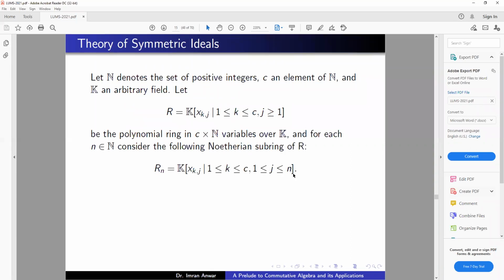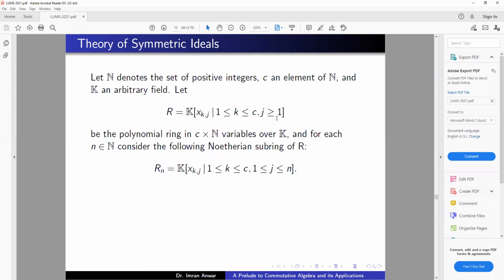And for each n coming from N, consider the following Noetherian subring of R, where you are restricting j from 1 to n. How many variables are there? This is quite clear: this is a finite variable ring with cn variables. Just like c cross N, when you replace capital N with small n, you get cn variables.